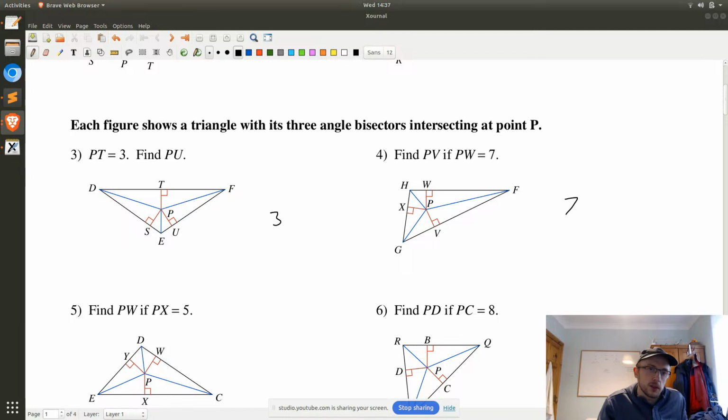No, I don't. It does appear to be the centroid.